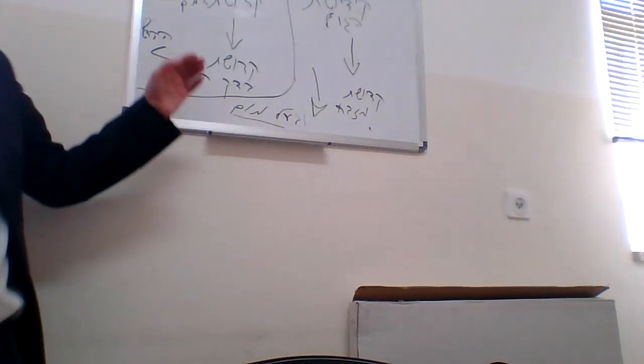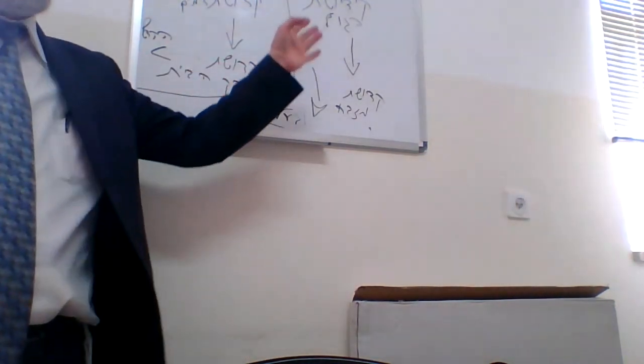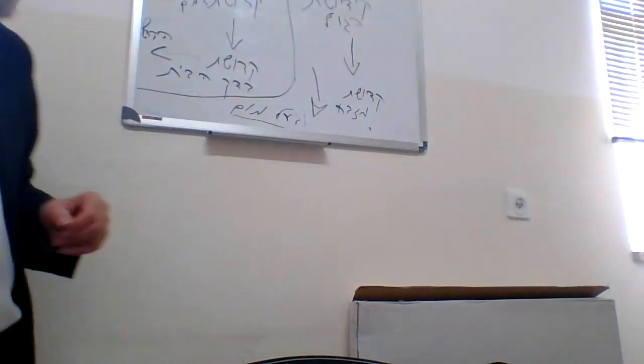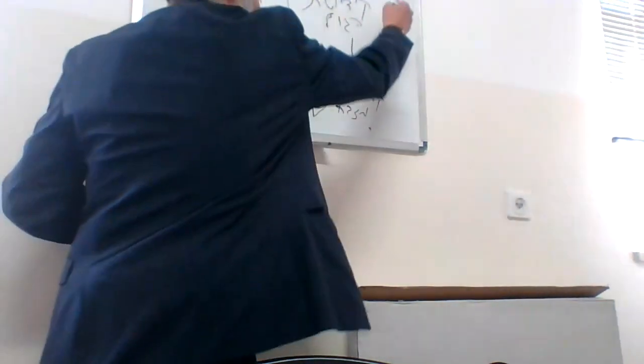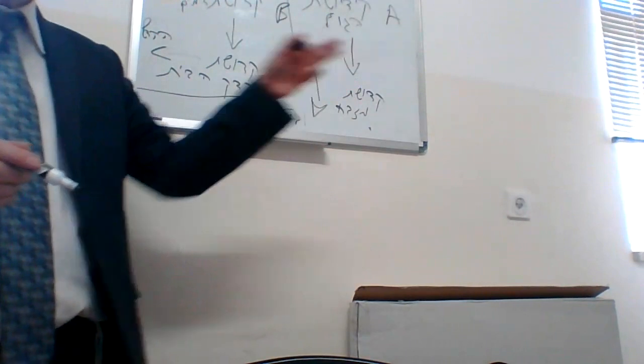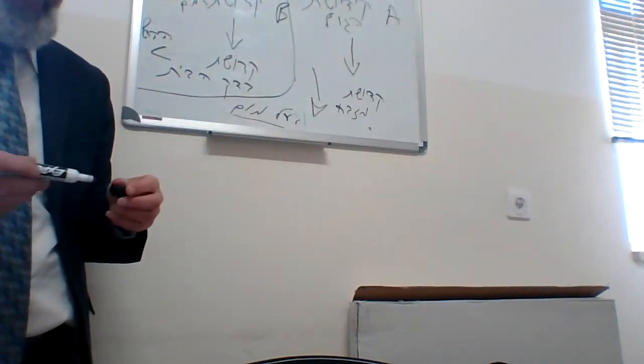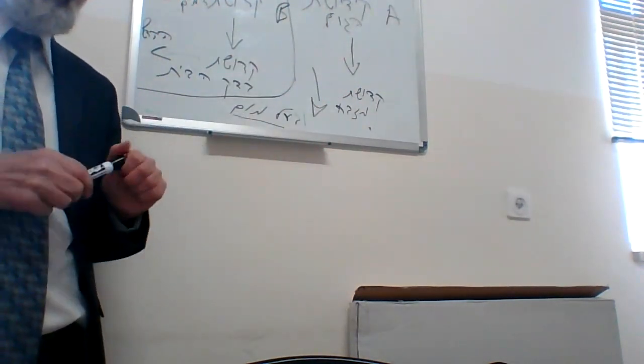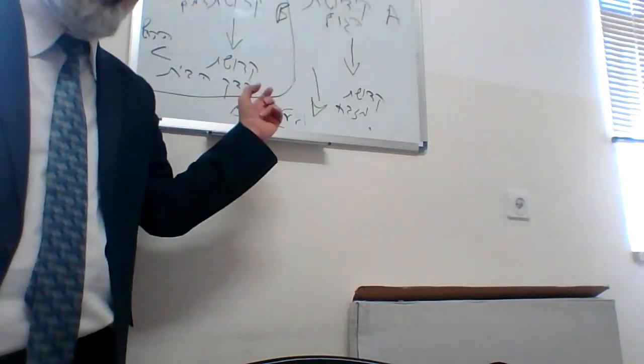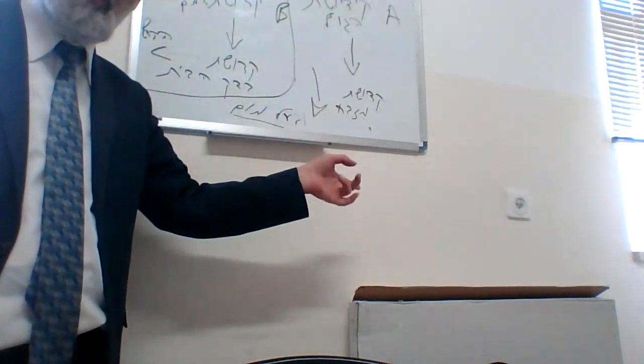Now, what we're going to try to figure out is whether Temurah works. We'll call this A, okay? And then we'll call this B. Does Temurah apply to both A and B, or only to A? And another way of saying it is, if it only applies to A and not to B, what would happen if it's a Baal Mum?